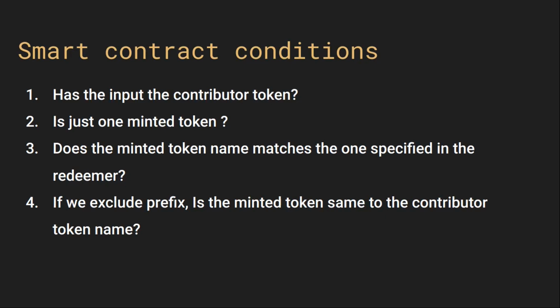And third, does the minted token name match the one specified in the redeemer? And lastly, as fourth condition, if we exclude the prefix, is the minted token name the same as the contributor token name? If all of these questions are answered as true, or as yes, we can run the transaction.